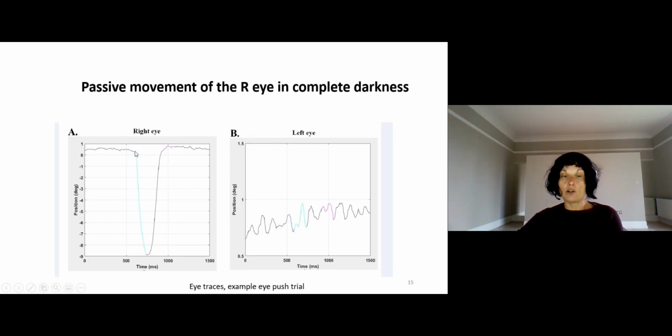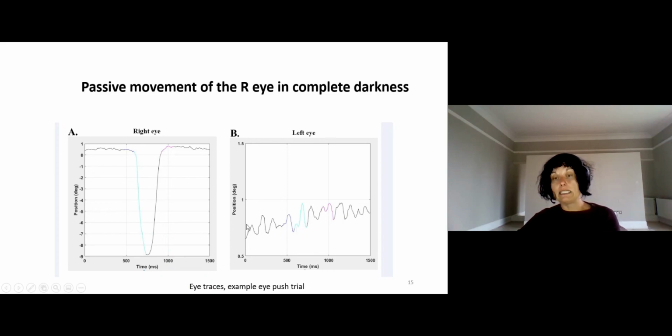I have color-coded the time interval where the eye is pushed, the baseline 1 and baseline 2, so pre-push and post-push baseline, to show you what happens with the left eye during those time intervals.